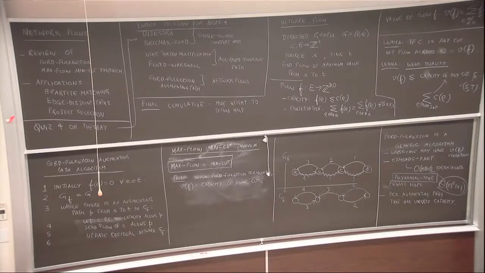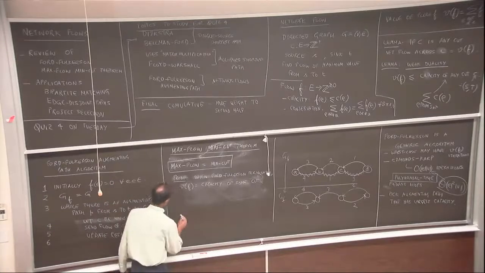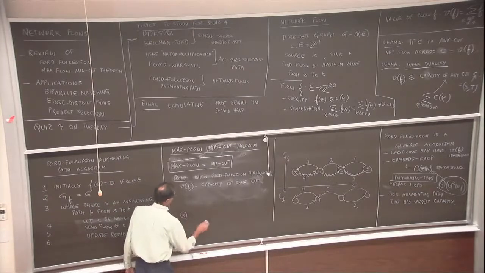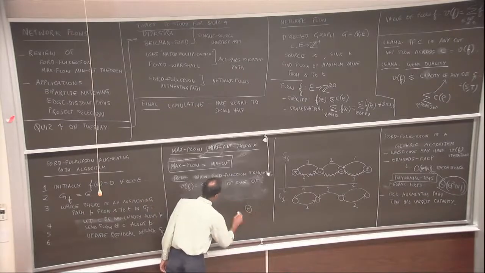So when Ford-Fulkerson terminates, the value of the flow is equal to the capacity of some cut. And the idea is that when Ford-Fulkerson terminates, you have a source here, you have a sink here.